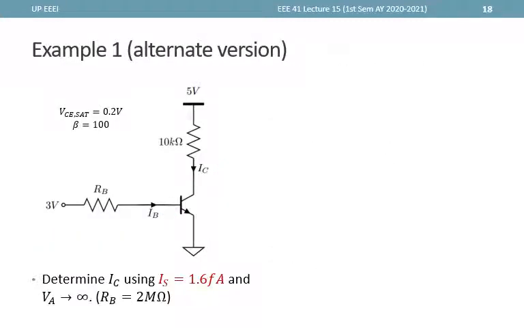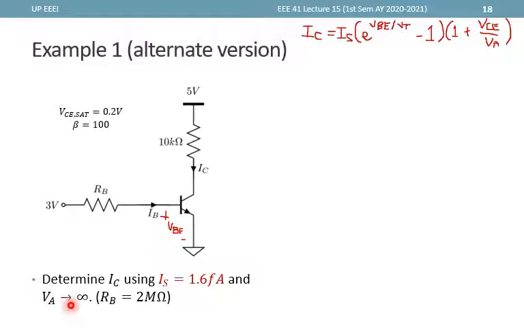Now, if instead you are tasked to analyze the same circuit but you are given some IS value, then we cannot simply assume that VBE is equal to 0.7, but rather we'll have to solve for VBE in our equation. So we'll just write this in general as some VBE, and use the equation IC equals IS times (e to the VBE over VT minus 1) times (1 plus VCE over VA).